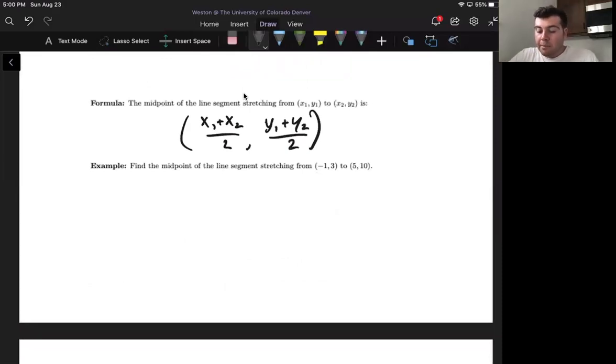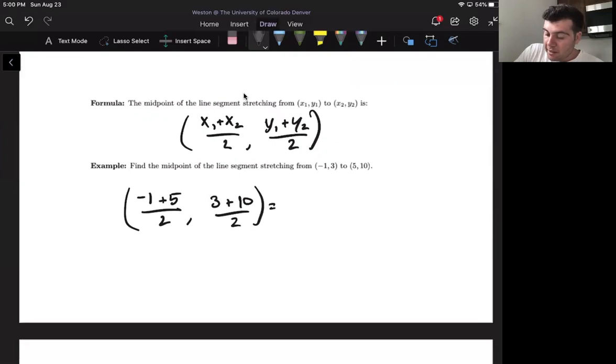And as a quick example, we can find the midpoint between the points (-1, 3) and (5, 10) just by plugging into the formula. So we look at our x1 and x2, that's -1 plus 5 over 2, comma, 3 plus 10 over 2.